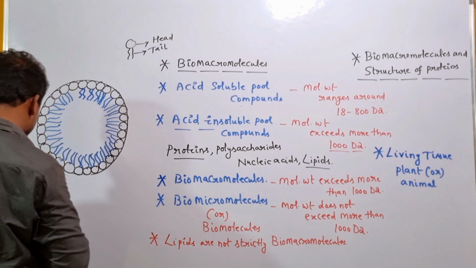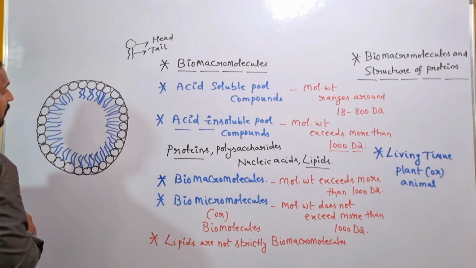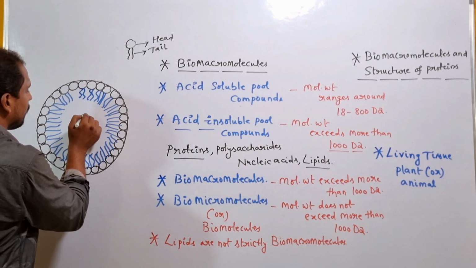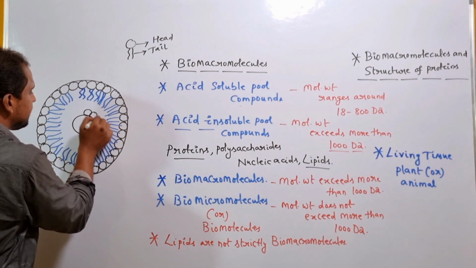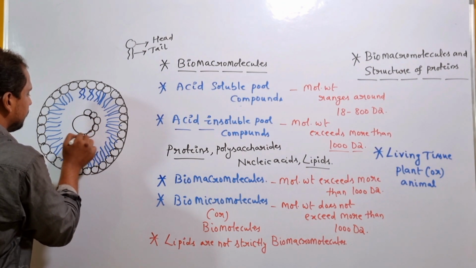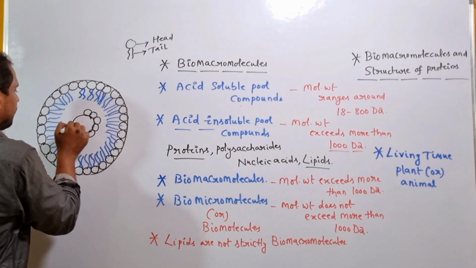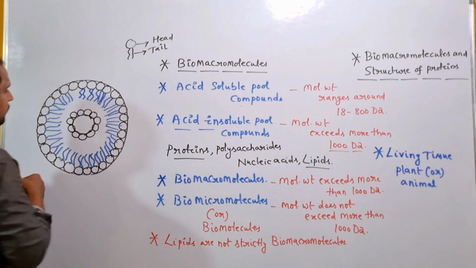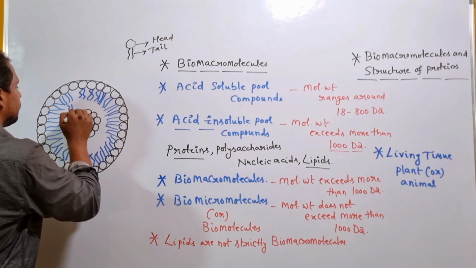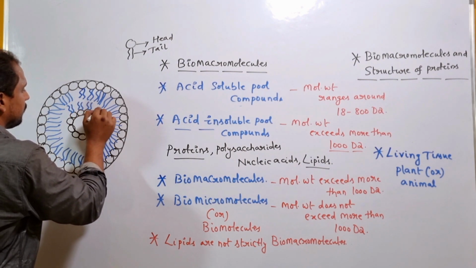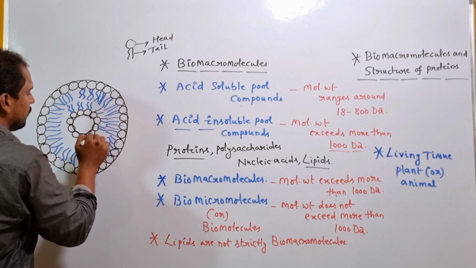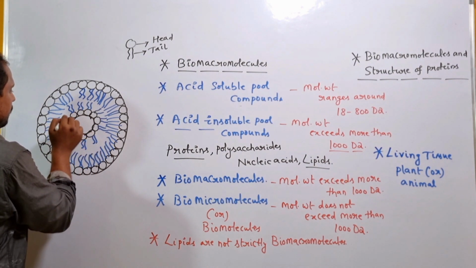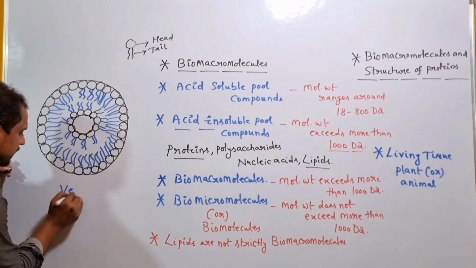And in addition, here we can observe one more row of phospholipids. Here it is the hydrophilic head, and here we can observe the hydrophobic tail. So here it is nothing but the vesicle.